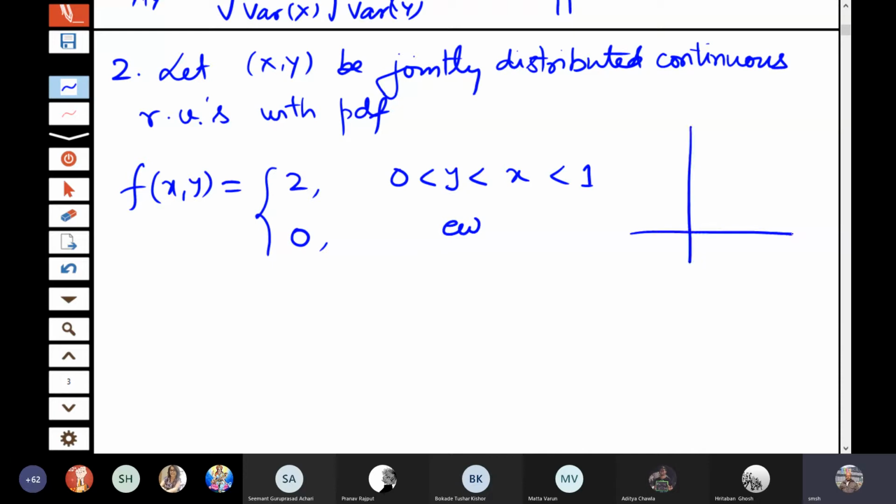That is, the distribution is defined in this portion, y is less than x, that is the portion of the density. If we consider x and y here, then y is less than x in this portion.